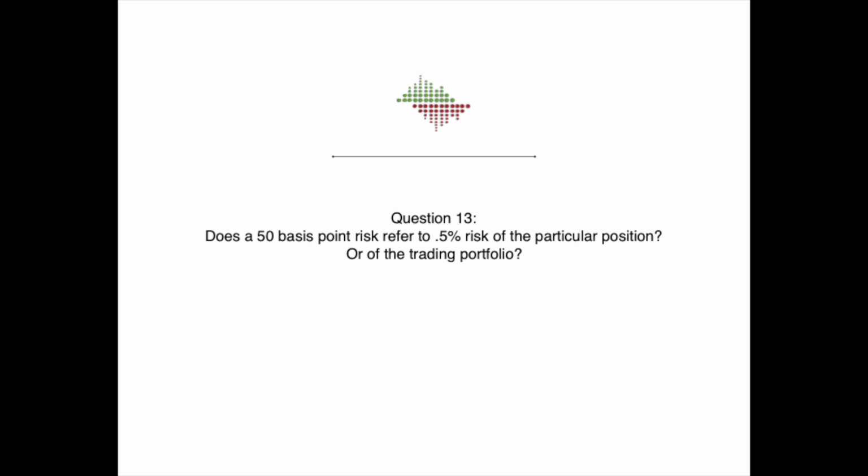I never define risk relative to the underlying value. I never define risk relative to the margin used. I've never defined risk relative to the trading portfolio, if portfolio means the total number of positions I have on. I always measure risk relative to total nominal capital, the amount of money that I consider to represent my account.